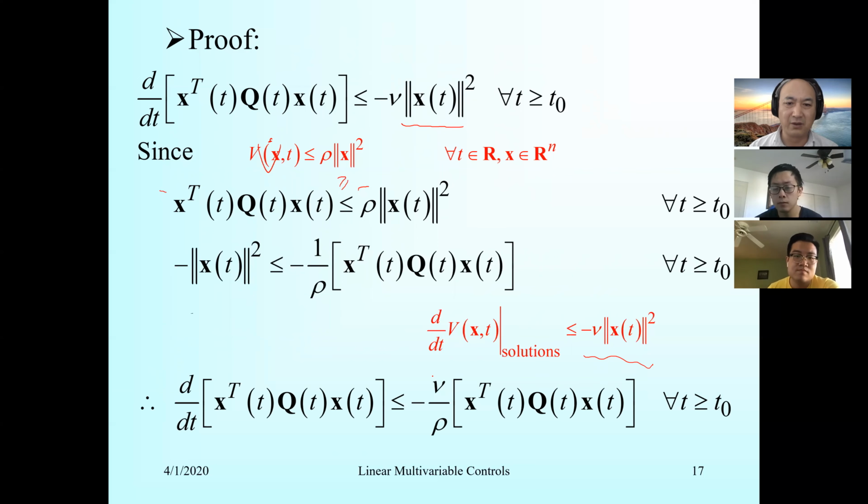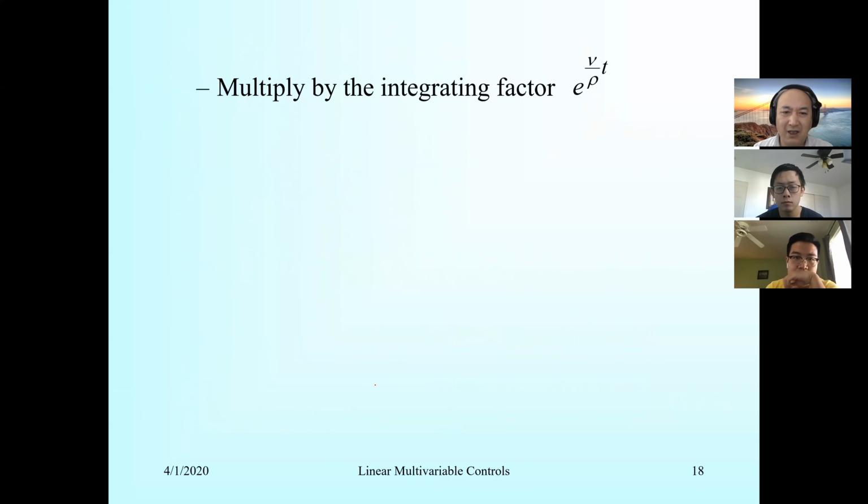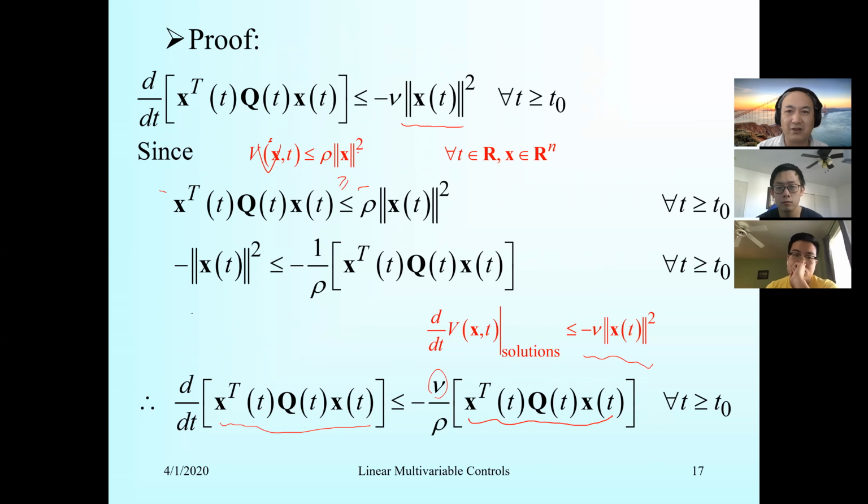So we end up here with V dot less than minus a constant times V; these are all positive constants. So I end up with a function f where f dot is less than or equal to minus alpha f.